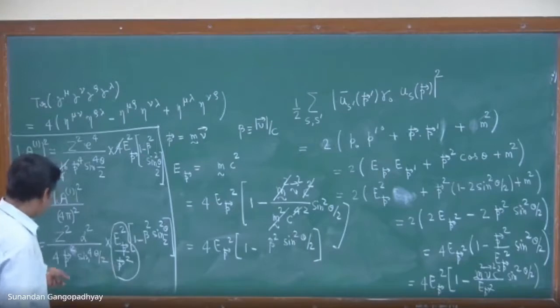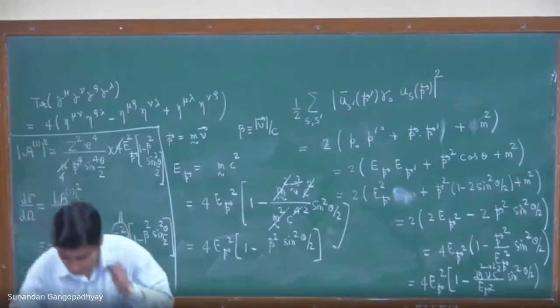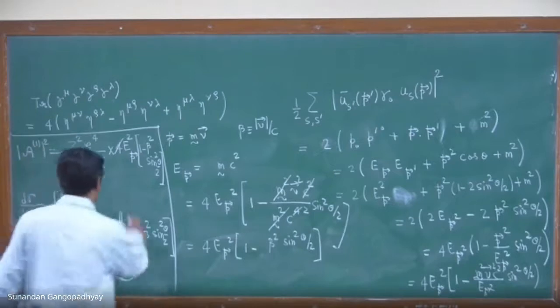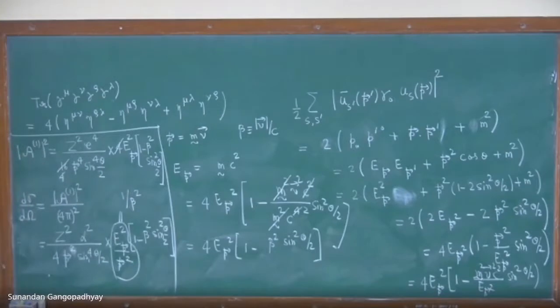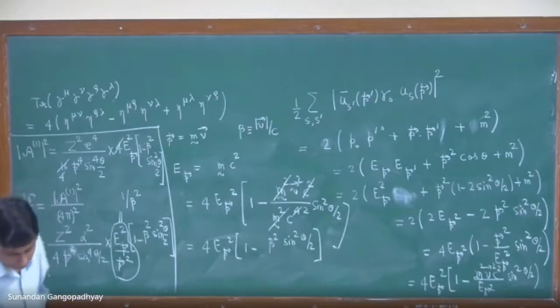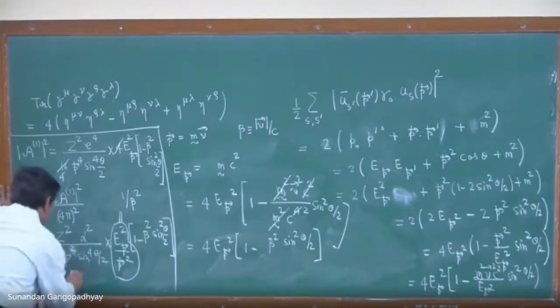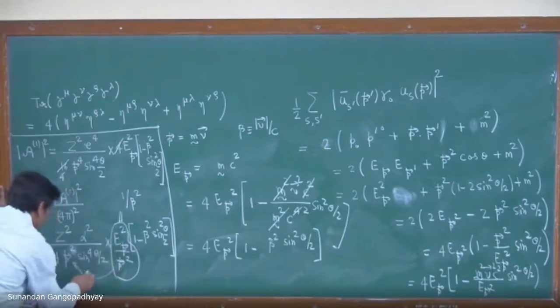Once again, this factor will give you a 1 by beta square. So you can put in the factor of beta square here.